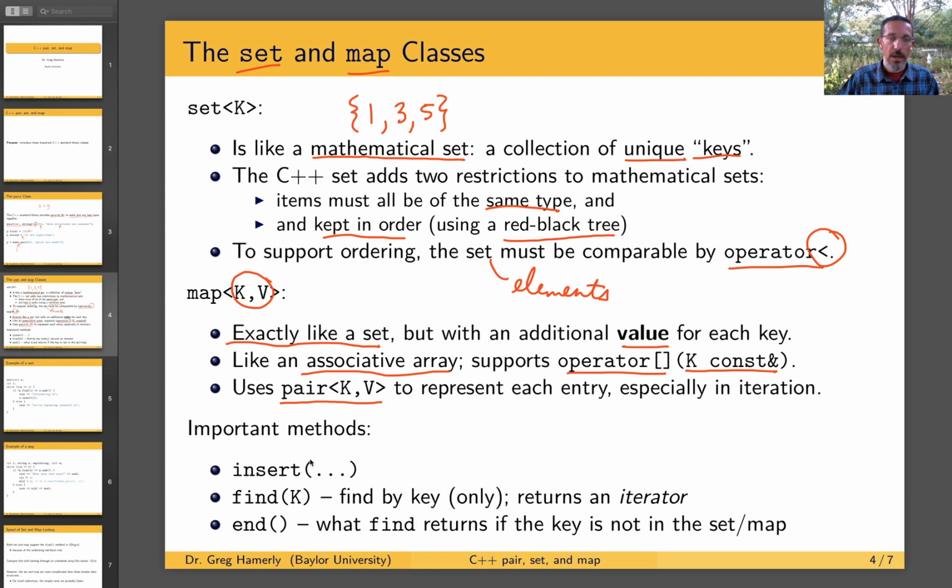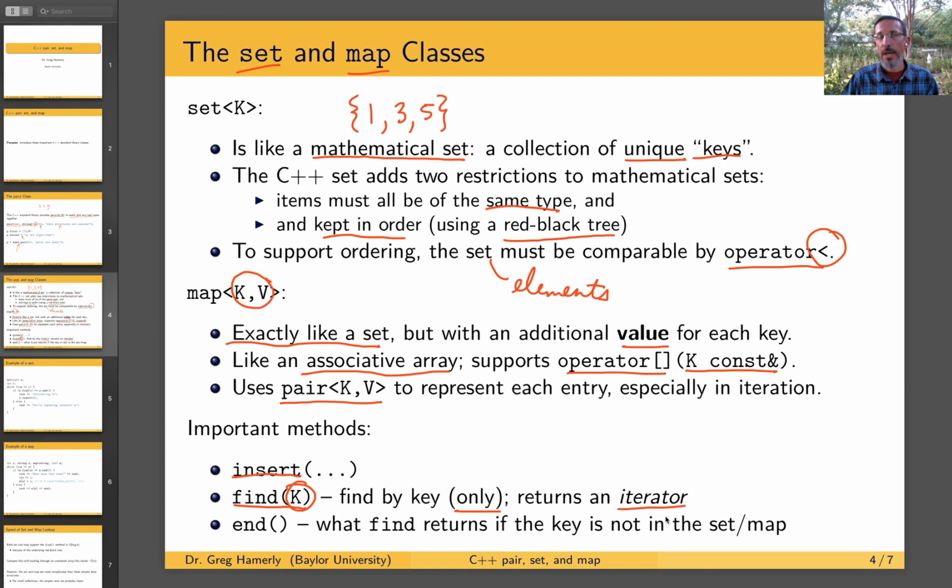Okay? Now, some important methods for these two data structures are the insert method, which allows us to put something in, obviously. The find method, and for both the set and the map, we find based on the key only. And the find method, if we try to look something up, returns an iterator.